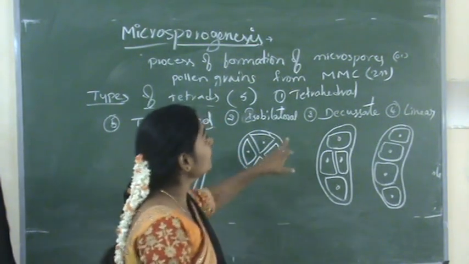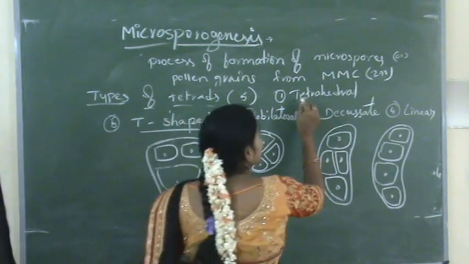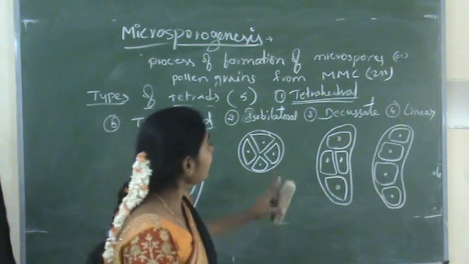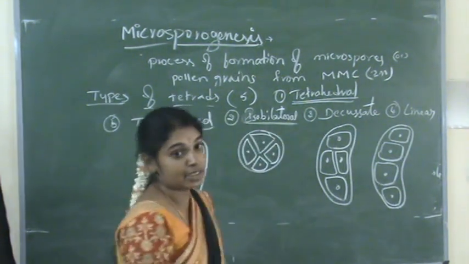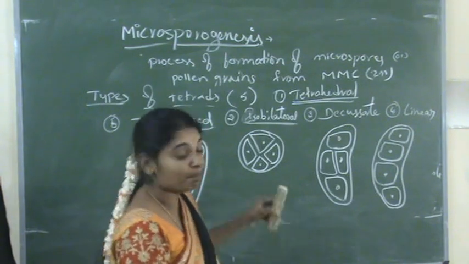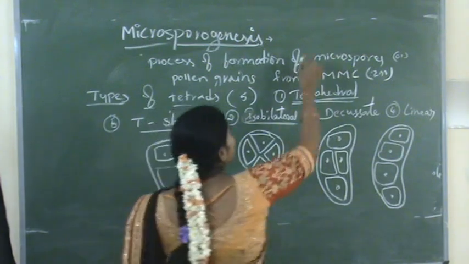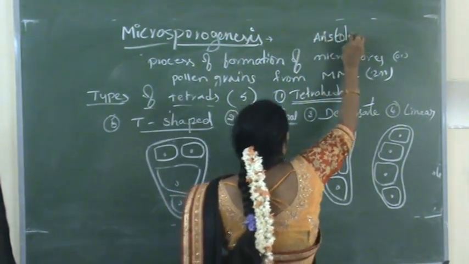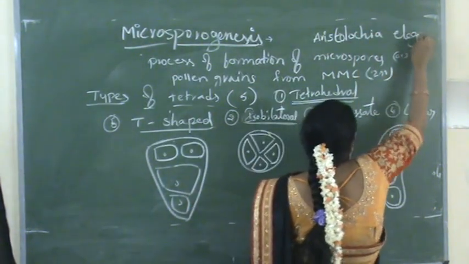Generally in dicots there is tetrahedral type of tetrads, and in monocots isobilateral are present. And there is one plant with all 5 types of tetrads, that is Aristolochia elegans.